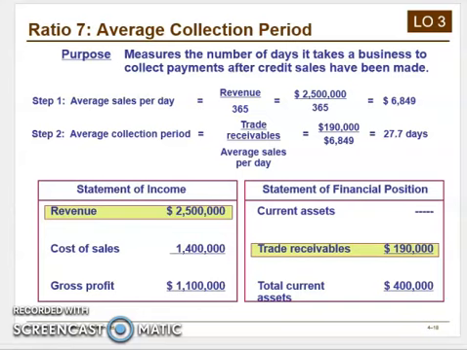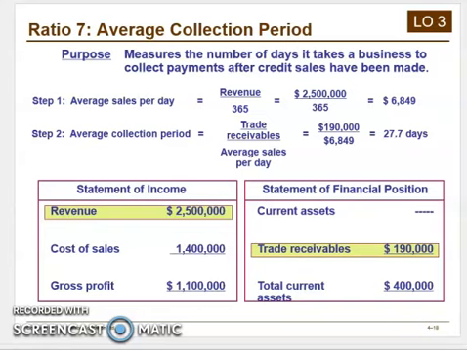What we need to do first is figure out our average sales per day. So we look at our revenue number and divide that by the number of days in the year. In this case, our 2.5 million divided by 365 days gives us, on average, sales of $6,849 per day.